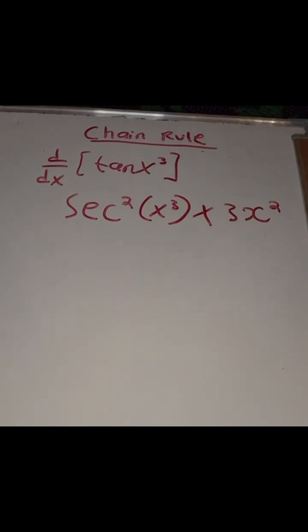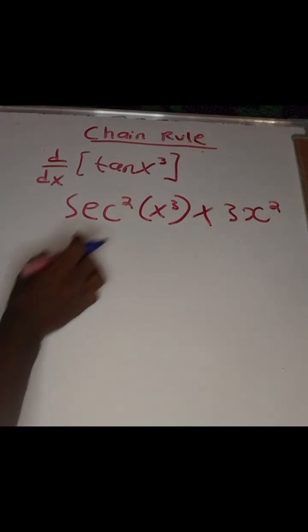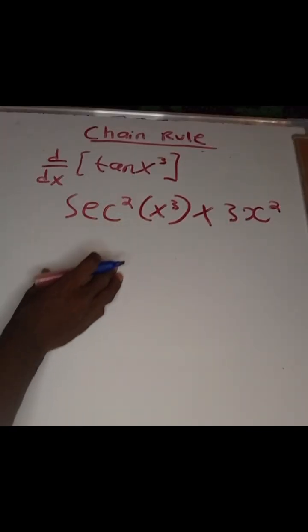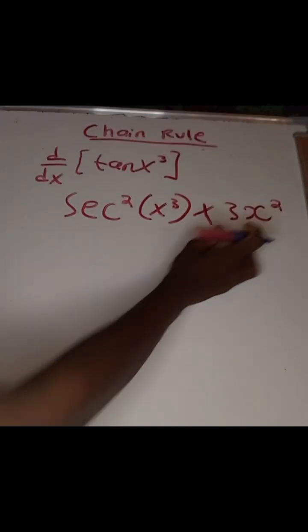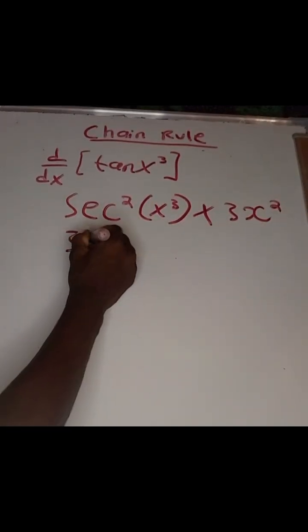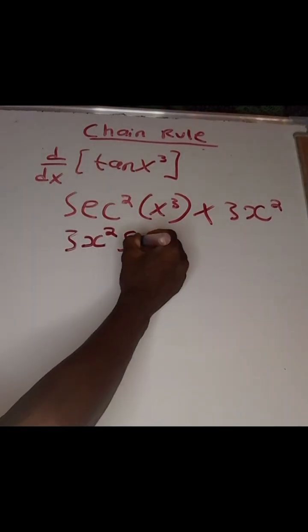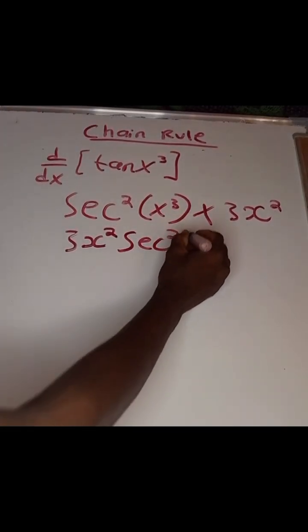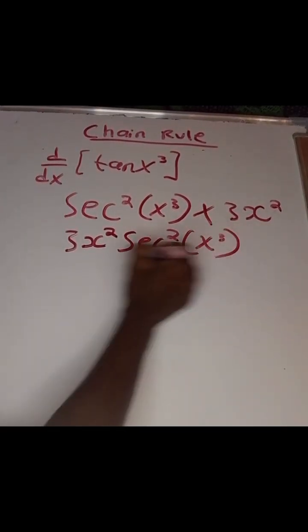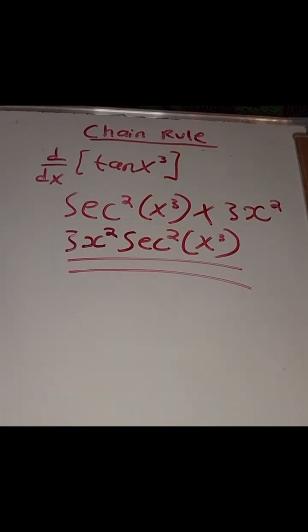So what will be the final solution? The whole number will be first, so we have 3x square multiplied by sec square x cube. This is the final solution of this problem.